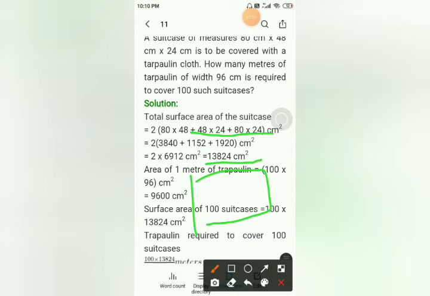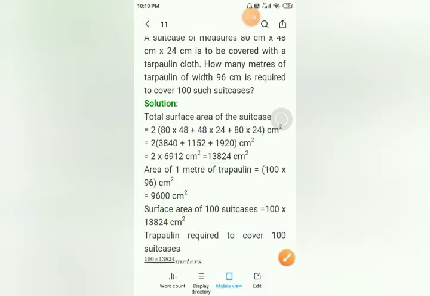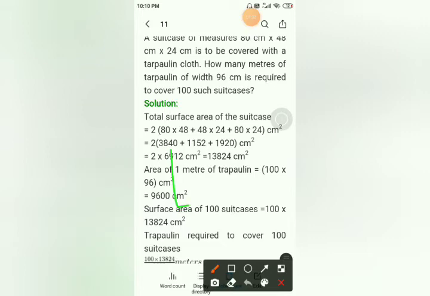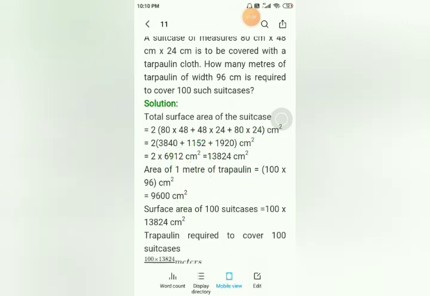You understood? You have to cover 100 suitcases. So 100 into this width given as 96 centimeters. They have specifically said that you have to use 96 centimeter width of the tarpaulin.